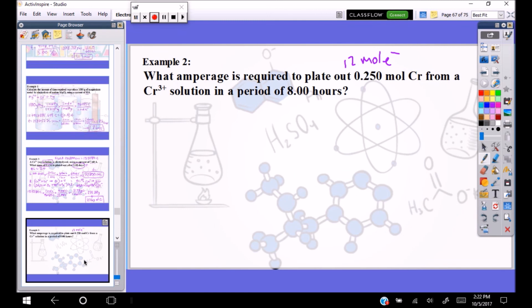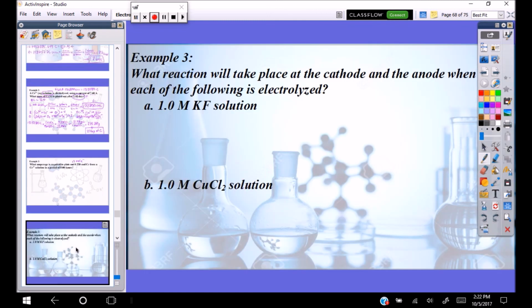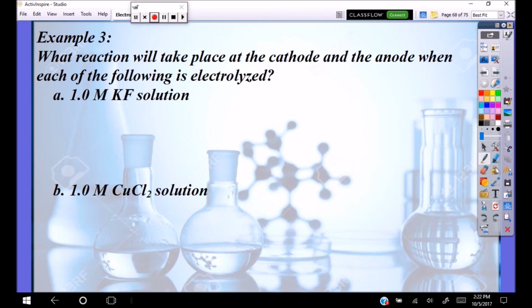For a question like this, we need to look up the half reactions of K being reduced and F being oxidized. While we do that, we also have to compare those to the oxidation of water and the reduction of water. Essentially, we're splitting it down the middle and seeing what's happening where, and we're looking at the cell potentials to help us figure it out.